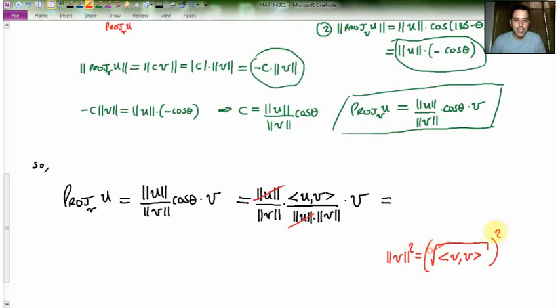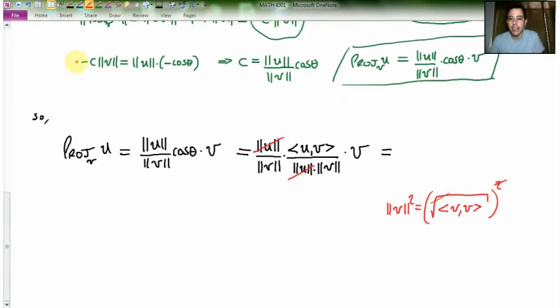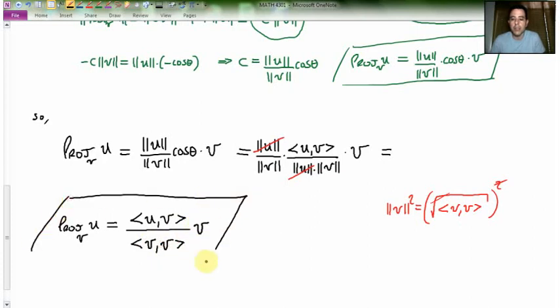So we can cancel the square root in there. So this becomes projection of u onto v is inner product of u with v divided by inner product of v with v, in the direction of v.